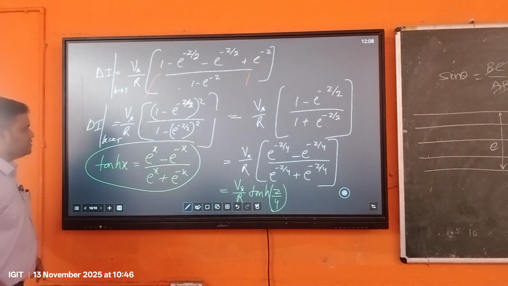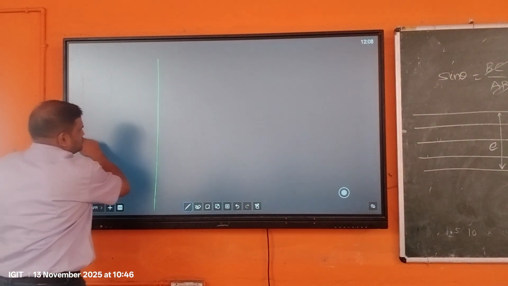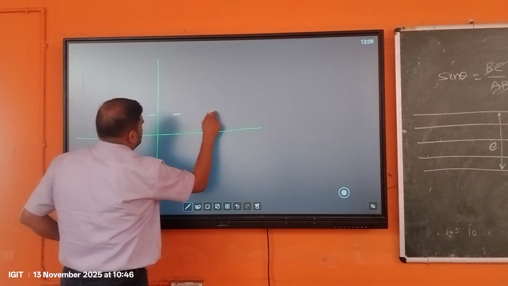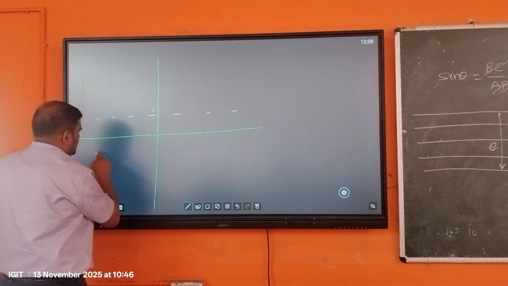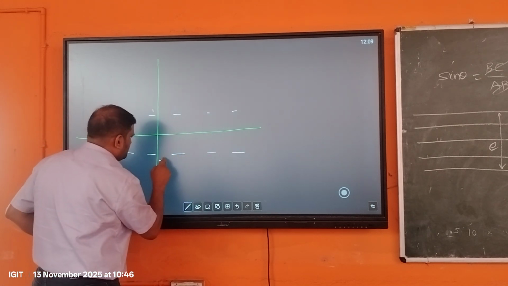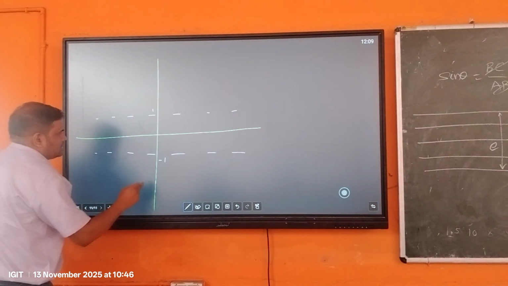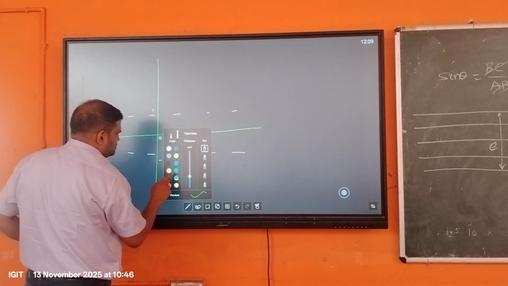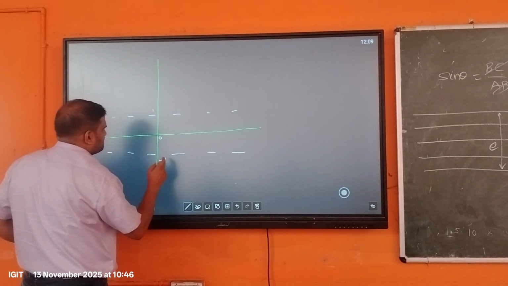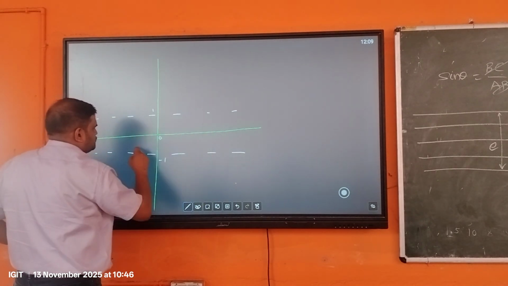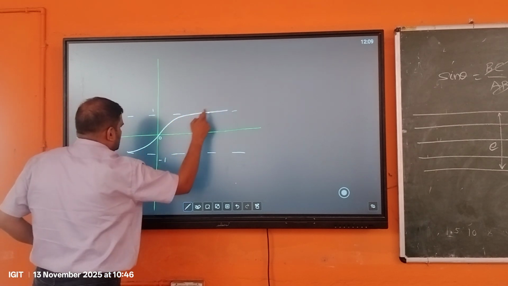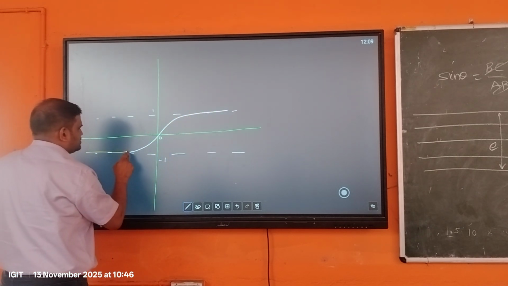Okay. Let us see the hyperbola once more, just to recall it from the plus 2, because this needs to be recalled. Let us say this is 1 and this is say -1, correct? Now this is 0. What is the value of tanh x here? Suppose it will go like this.